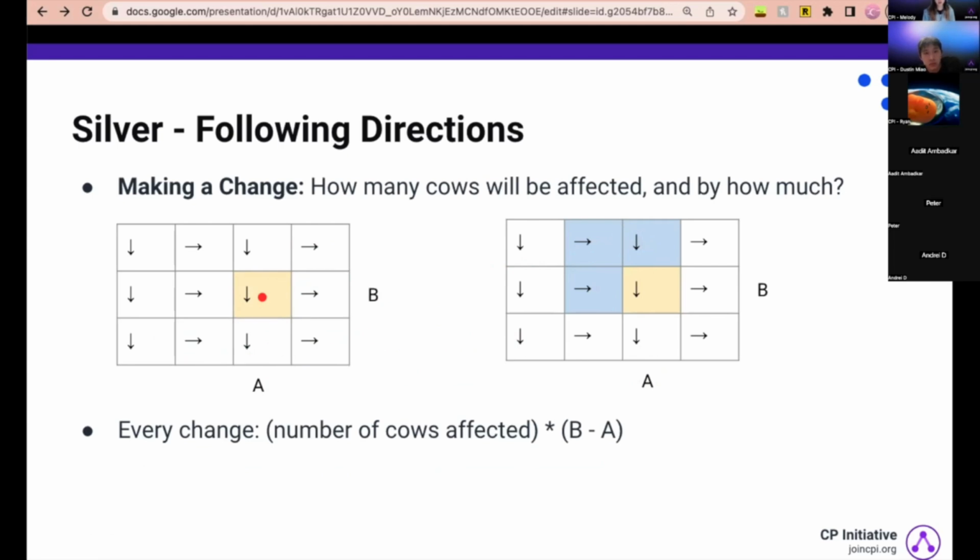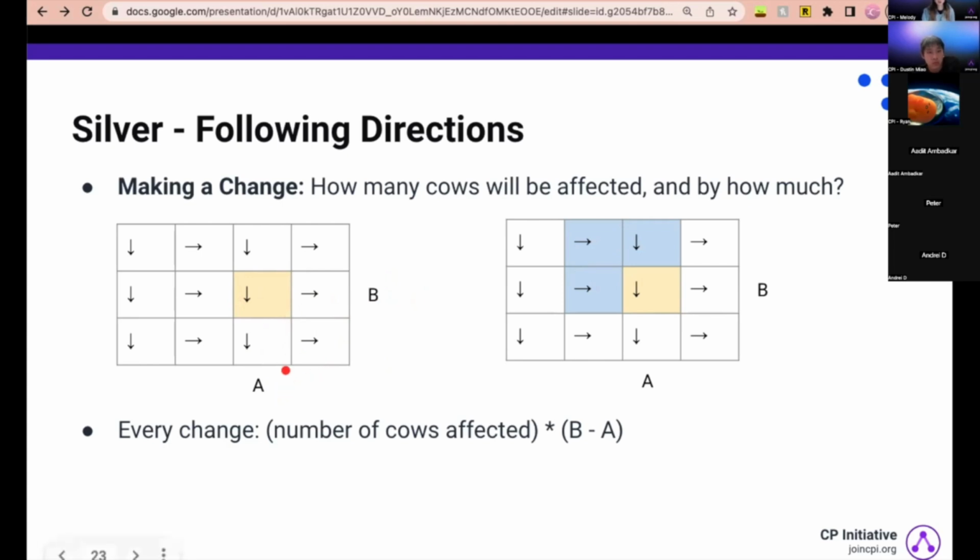Well, our initial thought is, if this cow switches directions from A to B, then the difference of the day is going to be B minus A, since it's the total amount from yesterday, and then we add the B cost, since this cow is now pointing to B, and then we subtract its initial A cost.